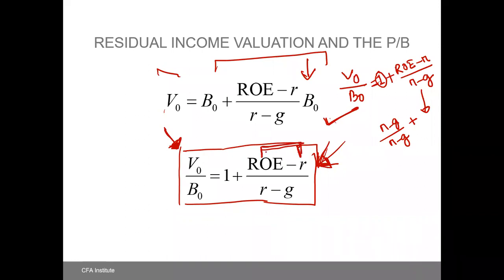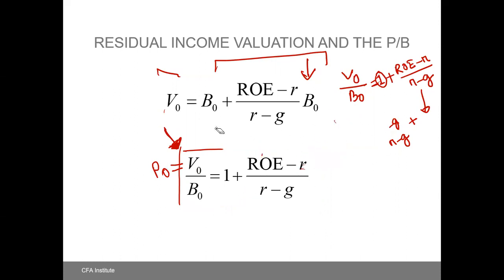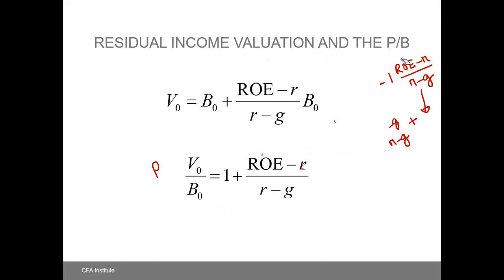And if this number is negative, the firm has a price to book value multiple which is less than 1. And here, what we are saying is that price is equivalent to value. Okay. This is not something useful for the exam, because we will not test it.